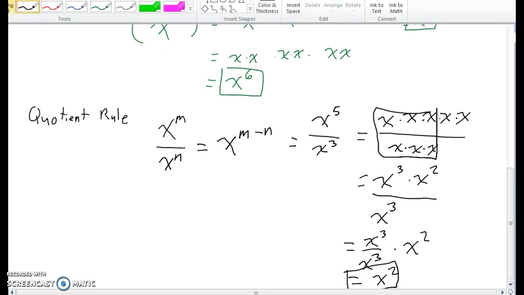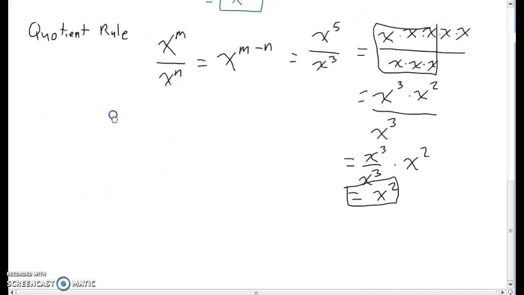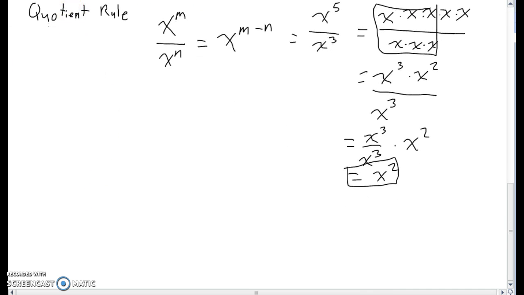So the question is, how else can I see that? Can I get an example? Let's say we have 2 to the fifth divided by 2 to the third. This would be the same as 2 to the third times 2 squared over 2 to the third.